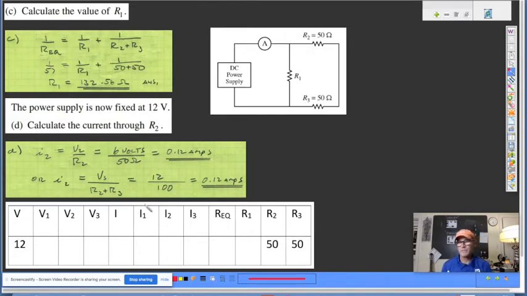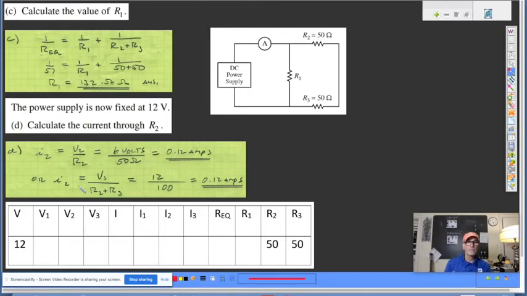Enough parts in terms of the concepts they're asking you to grapple with. But R2, if you know, as the adage goes, if you know two things, you can find the third. So if you know V2 and R2, you can find I2.